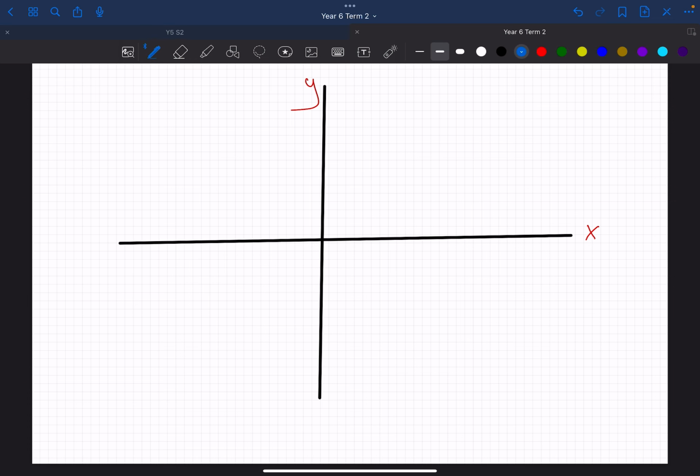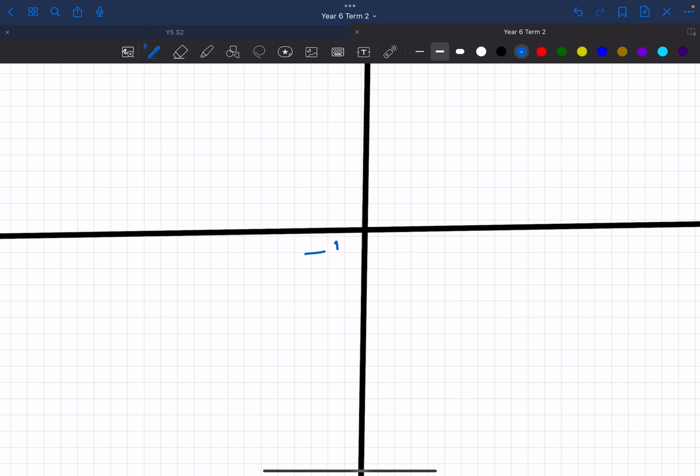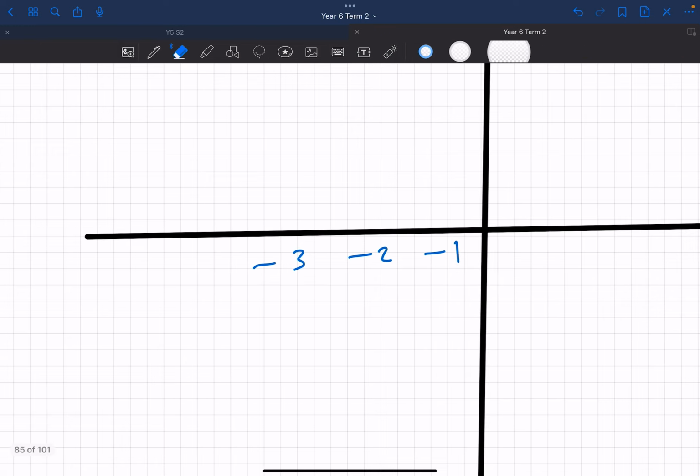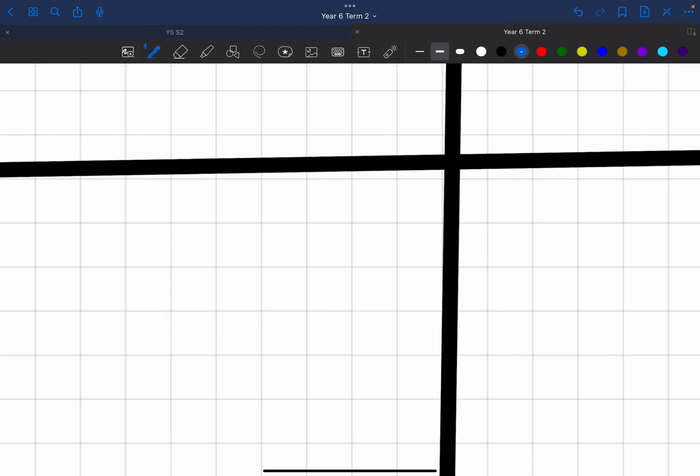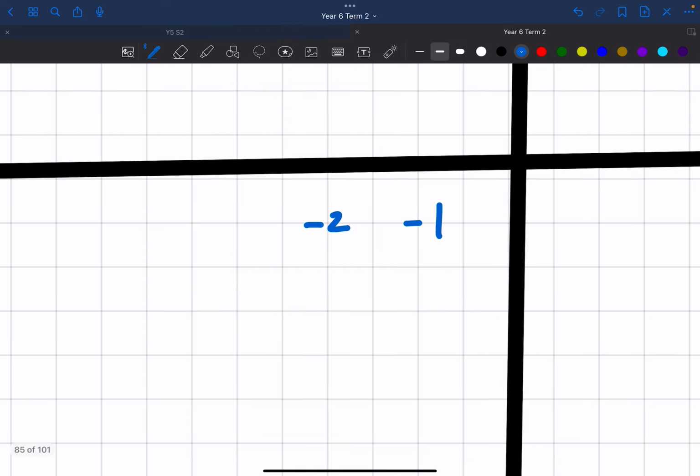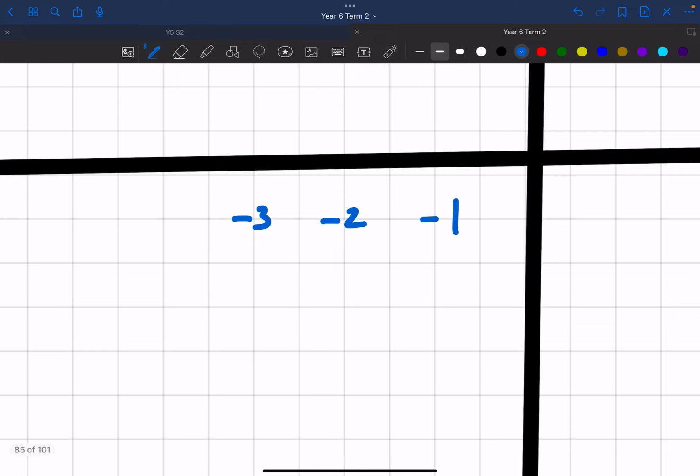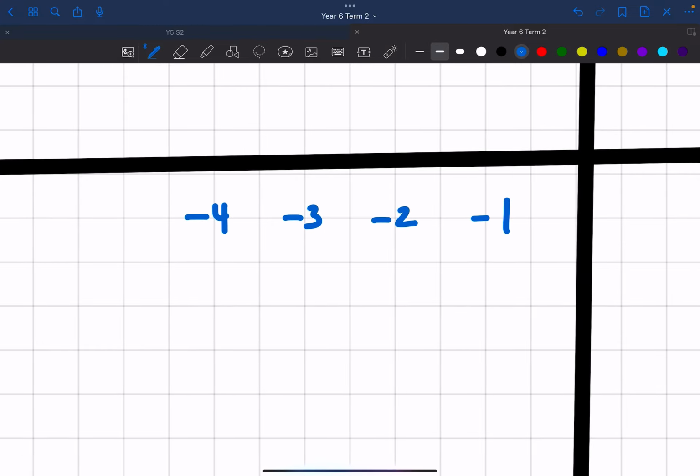Now look, -1, -2, -3. Let's be specific. -1, -2, -3, -4.